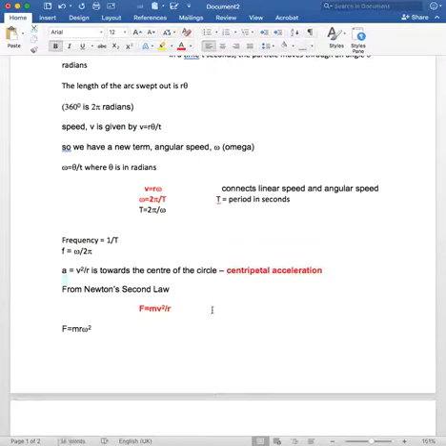And of course, because it's a centripetal acceleration, it is also a centripetal force, spelled correctly. So centripetal means towards the center of the circle.